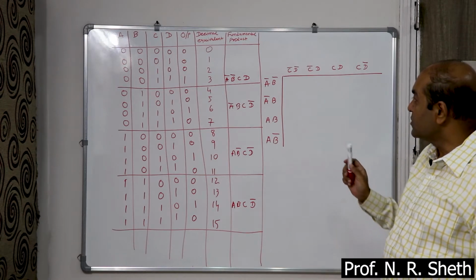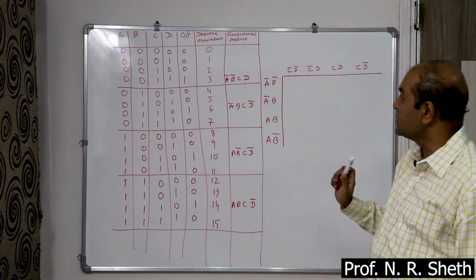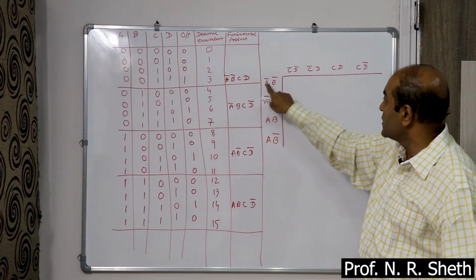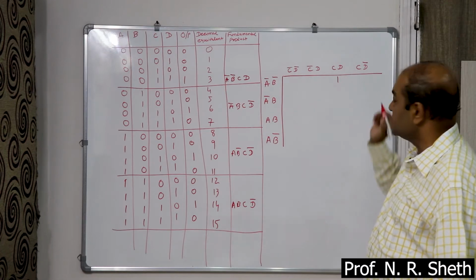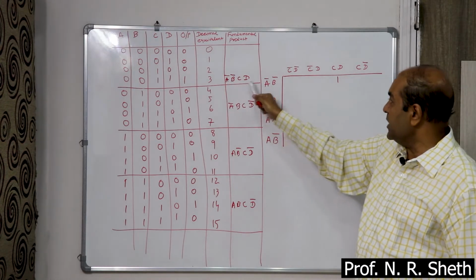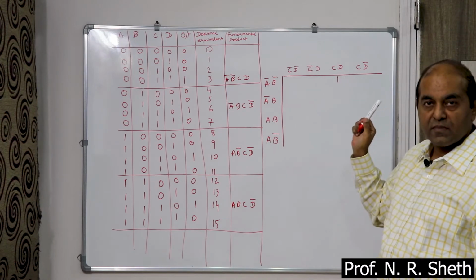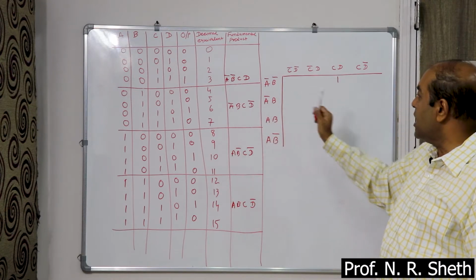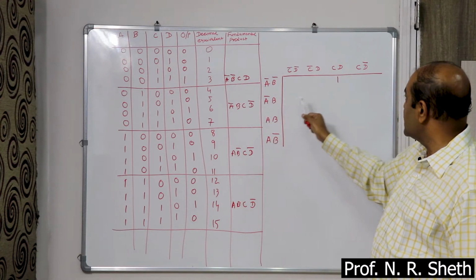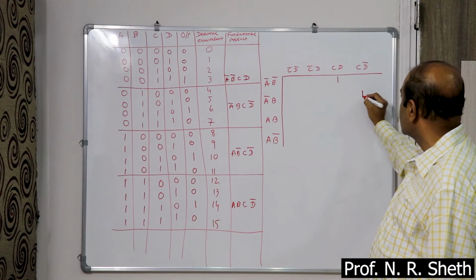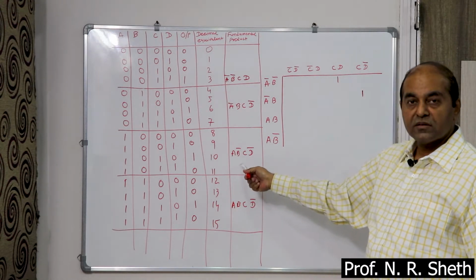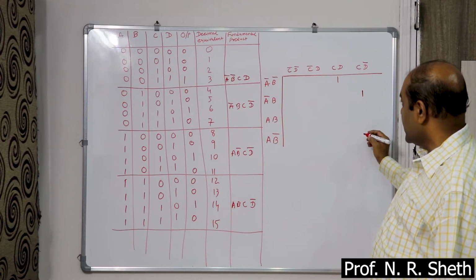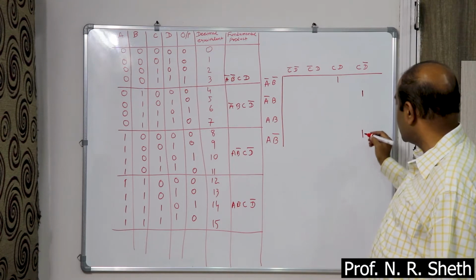And you have to place 4 ones. So number 3, A bar, B bar, C D. So it is here. Next, A bar, B, C D bar. Next, A, B bar, C, D bar.